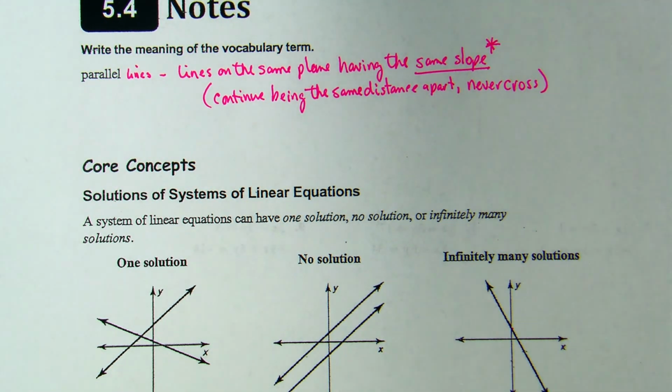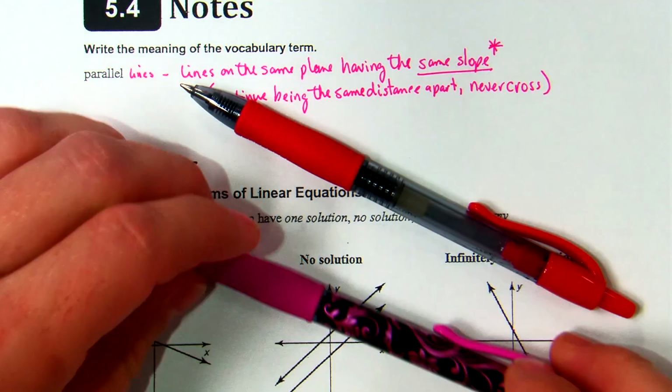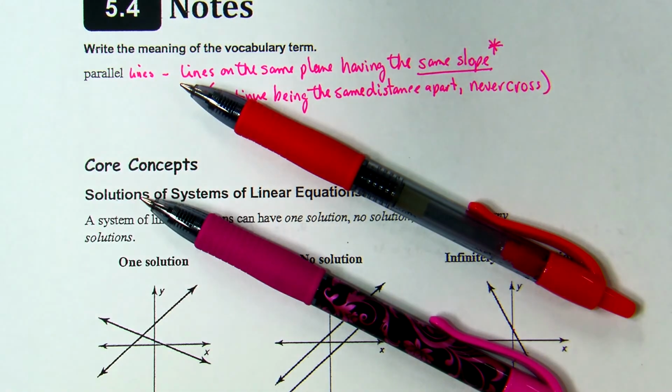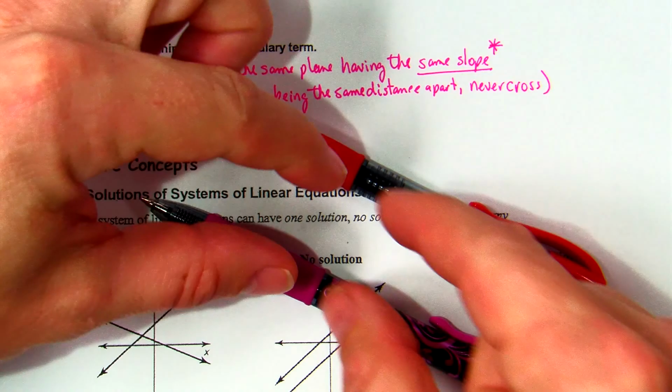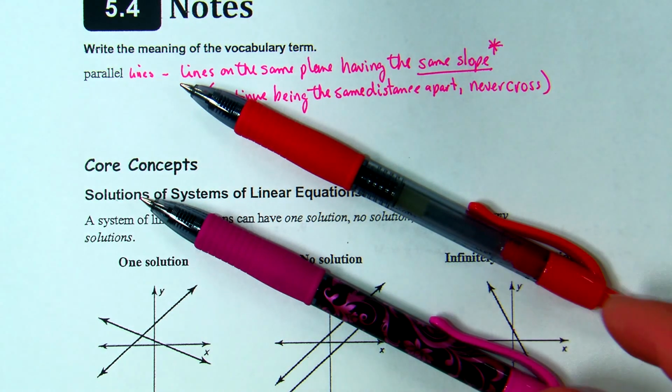And as long as the two lines are on that plane, if they lie on the same plane, in other words, let's use this piece of paper that we have here as a plane. If I have two lines on this plane, and they are parallel, then they will never cross, and they will maintain the same distance apart. They will continue to have the same distance apart in either direction.